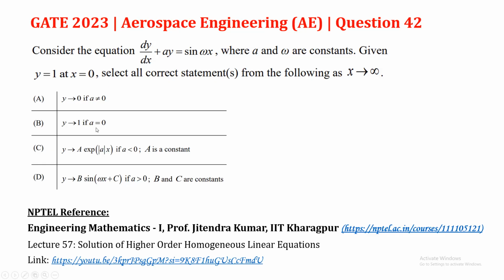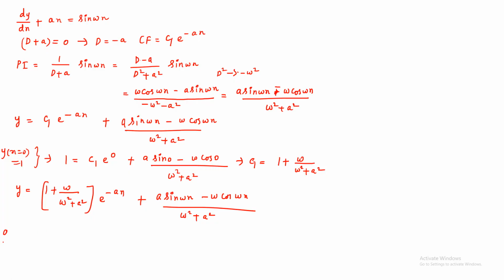The first two options are a is equal to 0 and a is not equal to 0. First let's take the scenario of a equal to 0 and x tends to infinity.